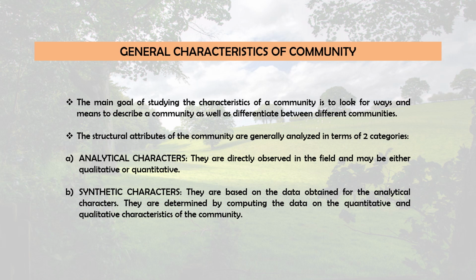And the qualitative characters include the general appearance or the phenology, that is the periodicity of occurrence or of flowering or fruiting, or stratification, their abundance, their growth forms, their vitality. All these come under the qualitative characters. And the quantitative characters include the frequency, density, abundance, cover, etc.